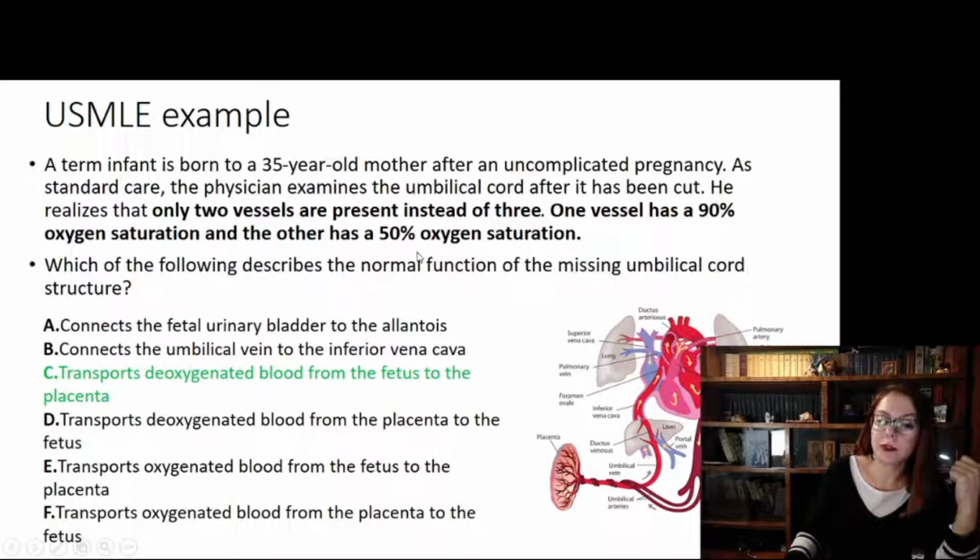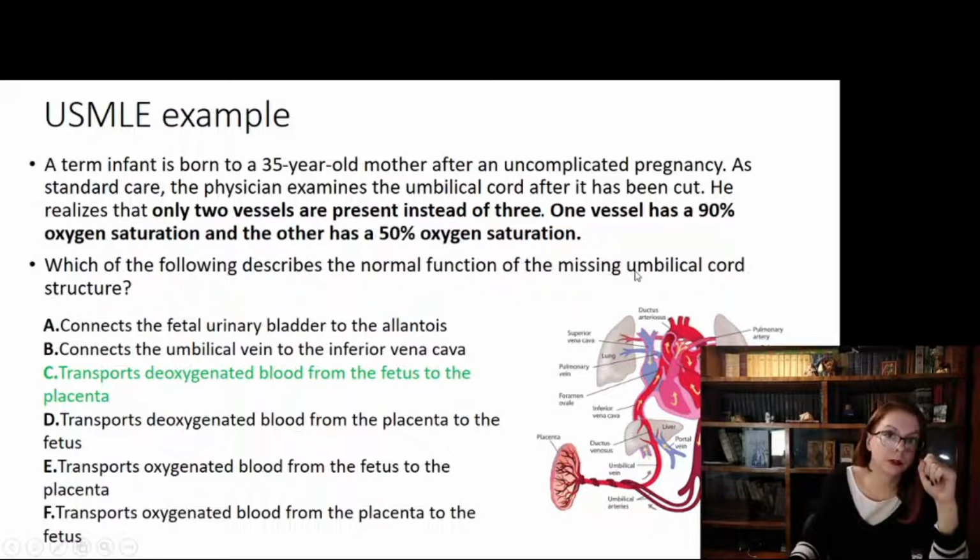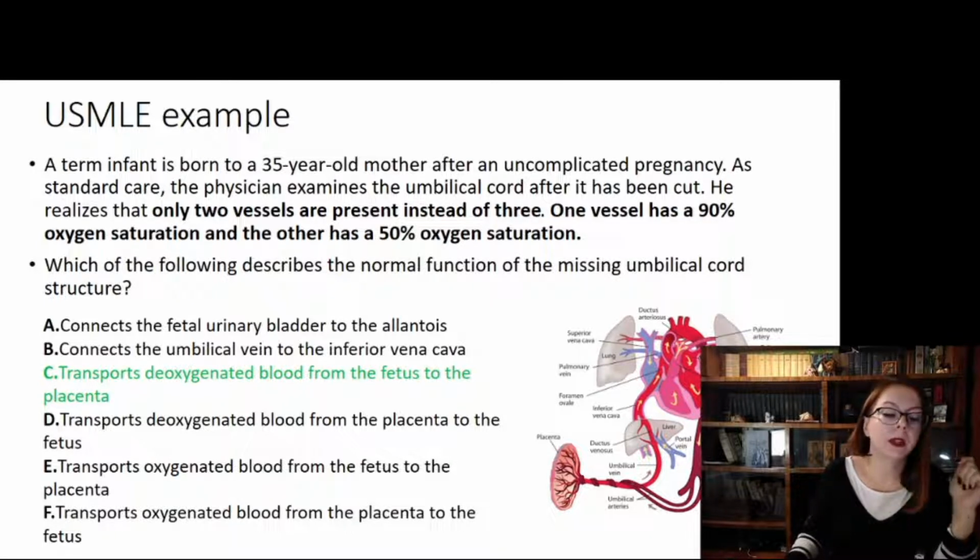Another vessel contains blood oxygenated only for 50%. Which of the following describes the normal function of the missing umbilical cord structure? So out of 3 vessels, 1 is absent. First, you should understand which vessel is absent. Then you have to answer what function it performs here.